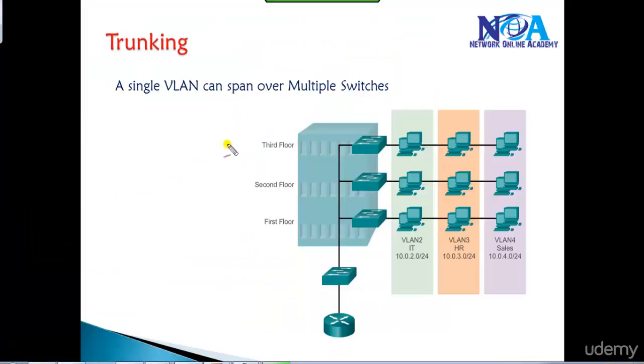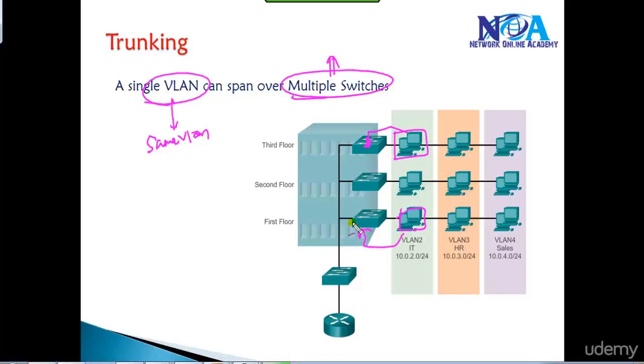Now what I mean to say is that a single VLAN can span over multiple switches, which means the users of the same VLAN, the same department, might be on different switches, like some users of IT connecting on this particular switch and some users of IT connecting on this switch. Now we want to understand how the communication process happens in these scenarios. We are saying that same VLAN means same broadcast domain and they can communicate with each other, but if they are on different switches, how does the communication process happen?